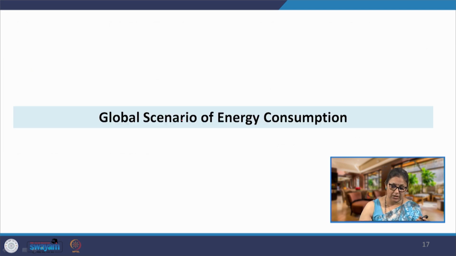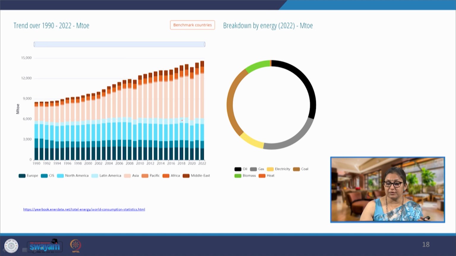the shift to that. If we look at the global scenario of energy consumption, we will see that the overall consumption of energy, specifically in Asia Pacific, is increasing significantly.